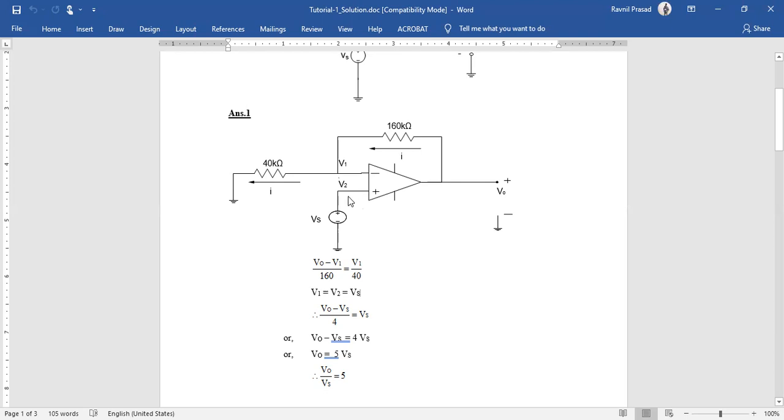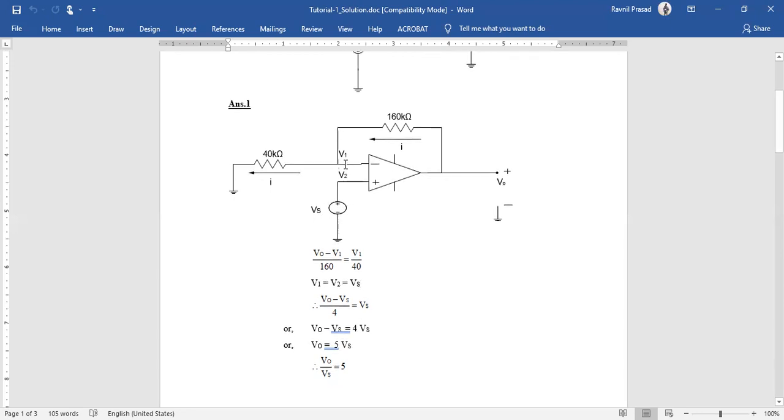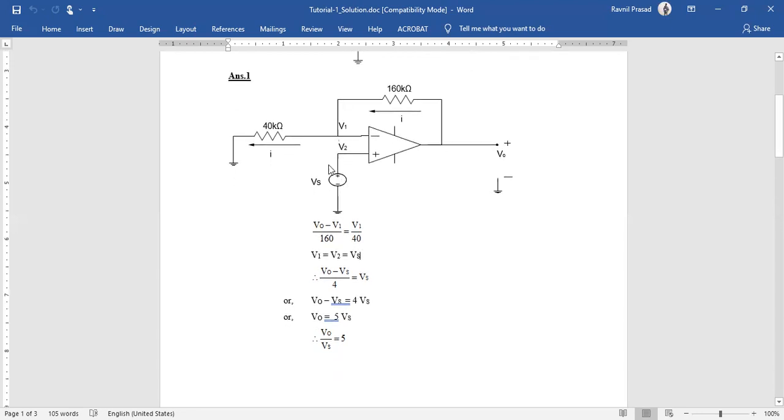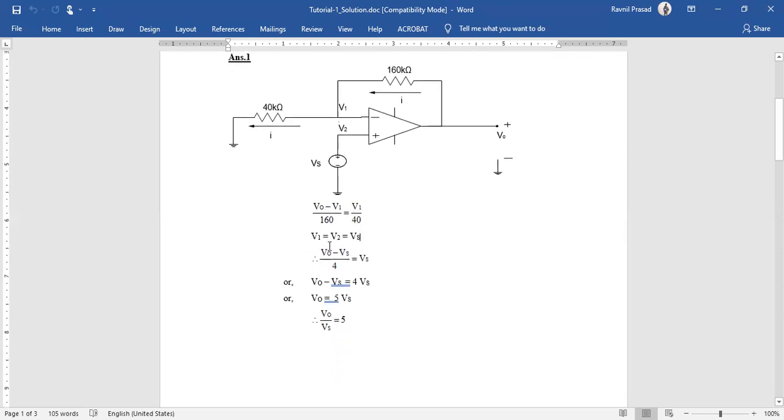So the voltage at V2 should be equal to the voltage at V1, so the gain won't be defined by the op-amp itself. In that case, V2 will be equal to V1, and we know that V2 is equal to Vs.